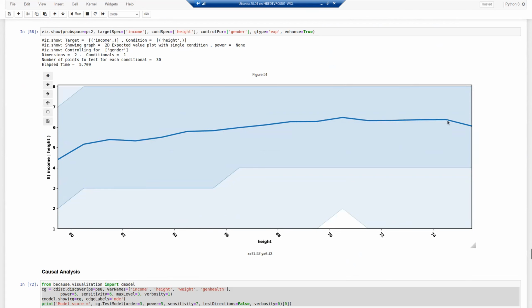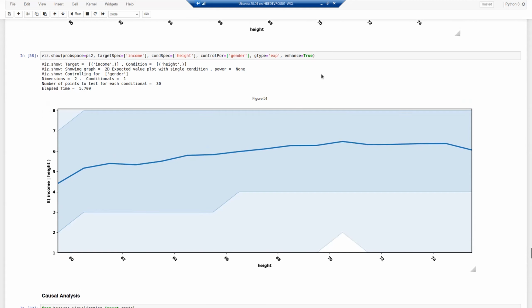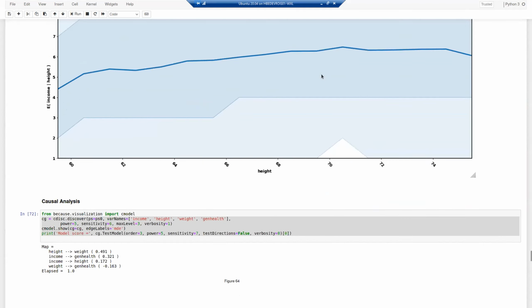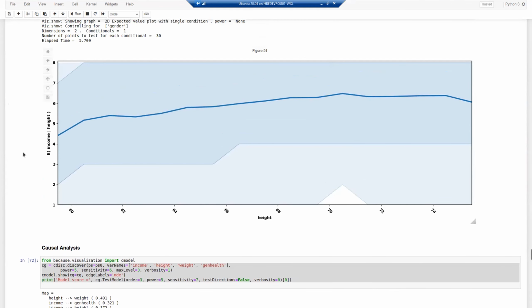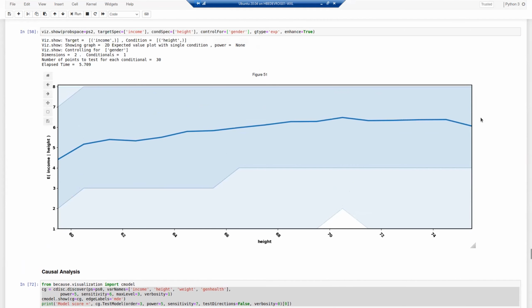But when we control for gender, we still see there's a definite trend here. It chops off a little bit at the top above 6'3", and it's a little steeper at the bottom. This tells us that gender doesn't explain this height to income relationship. And in fact, we've tried conditioning on every set of attributes, and we cannot break that relationship between height and income.